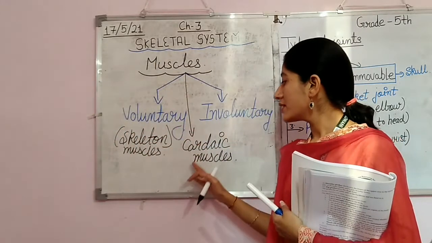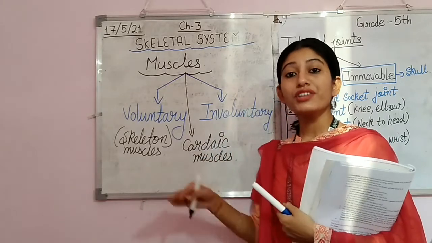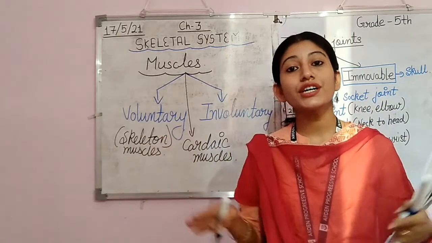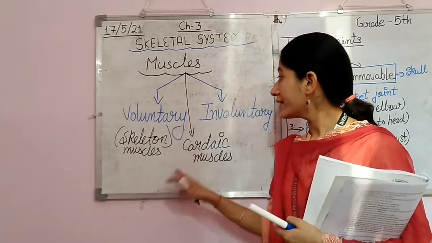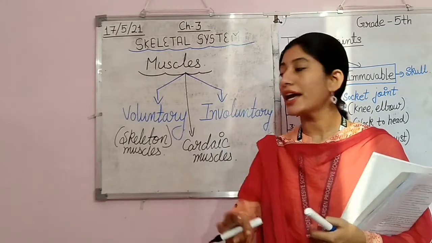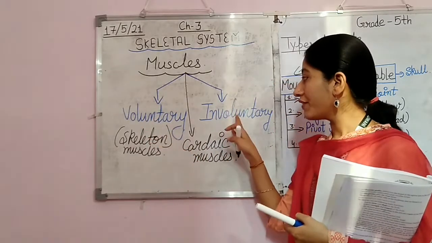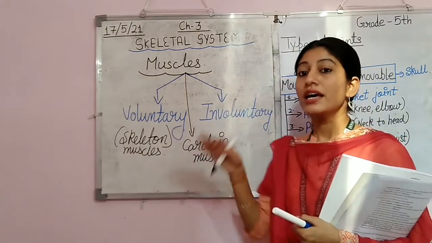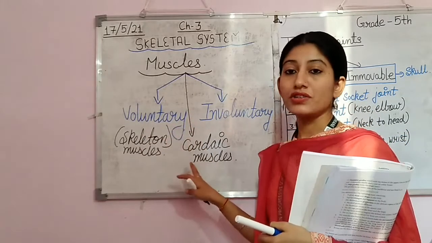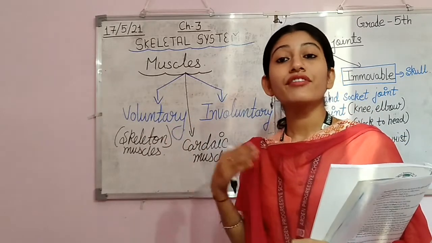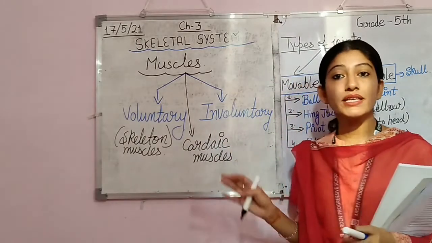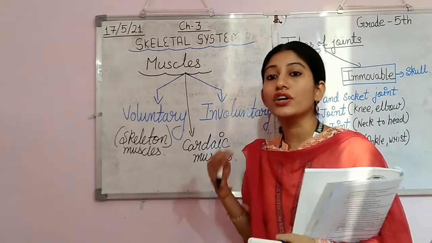See, cardiac muscles are the muscles which are structured like voluntary, but they function like involuntary. Means if you look from outside, they will look like voluntary muscles only, but when you see their function, they function completely like the involuntary muscles, means their function is not in our control.